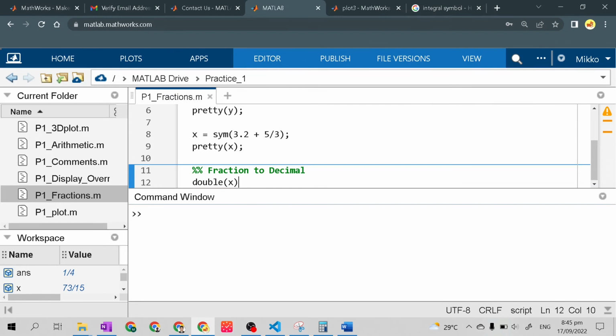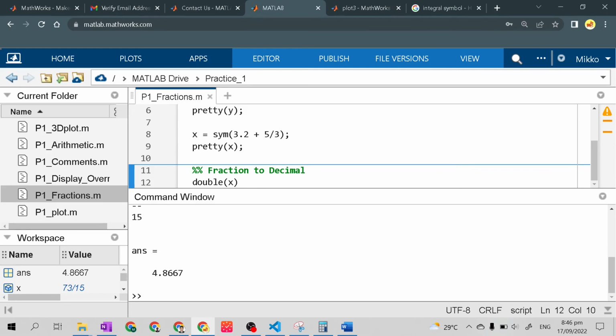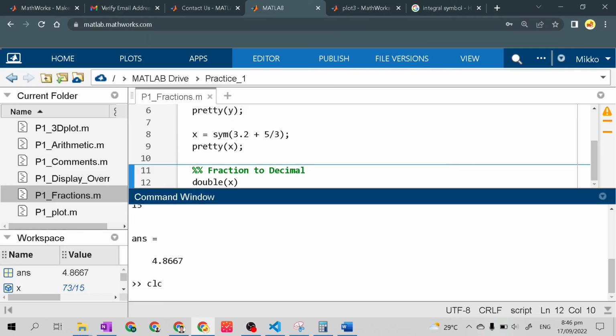Then run, F5. Now we have an answer of 4.8667. Why is there 73/15? Oh, I have it here, sorry. Let's CLC, then clear all.